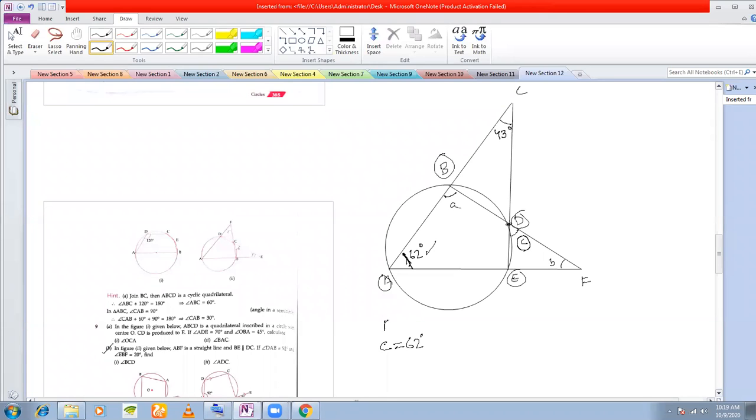We will write first AEDB is a cyclic quadrilateral.